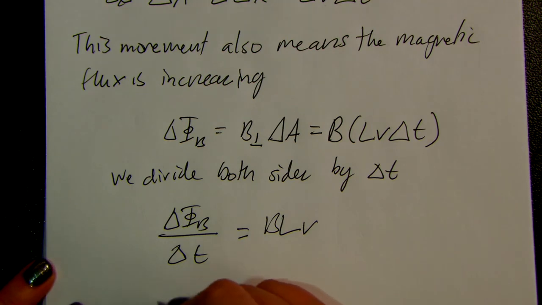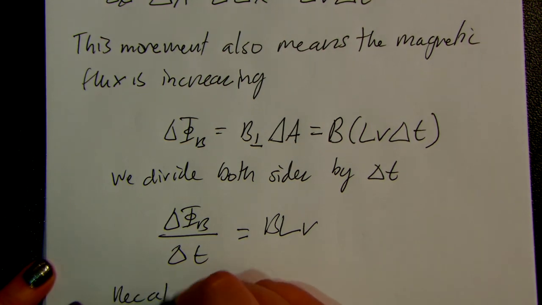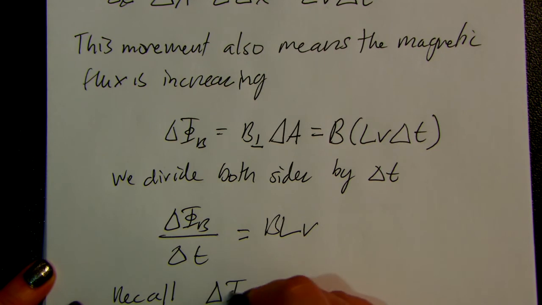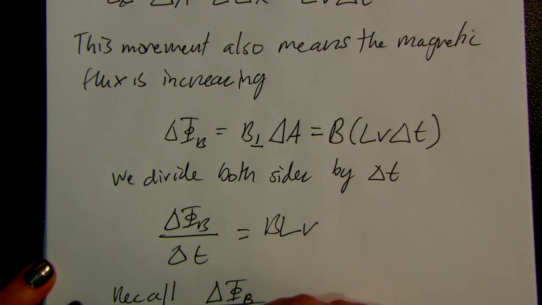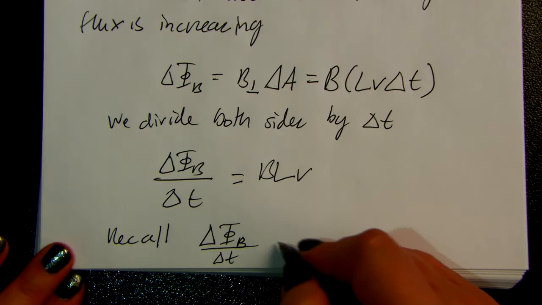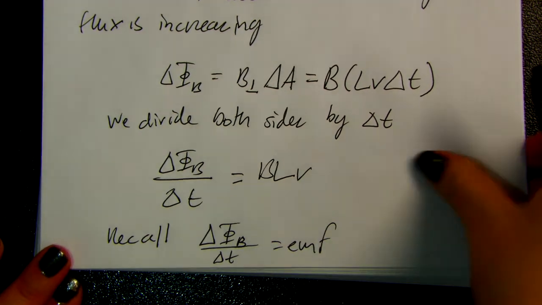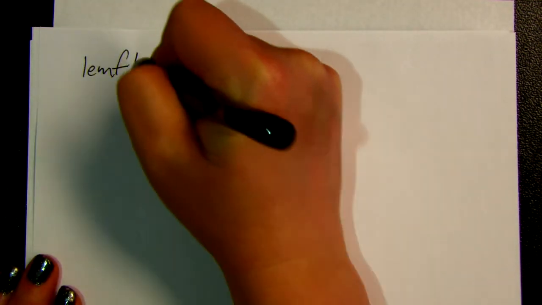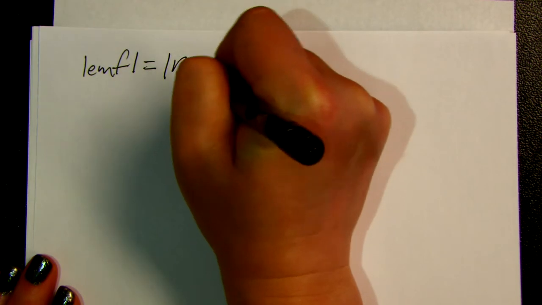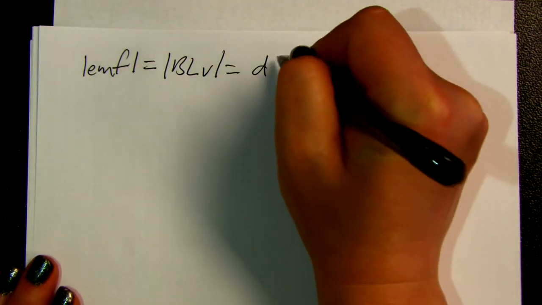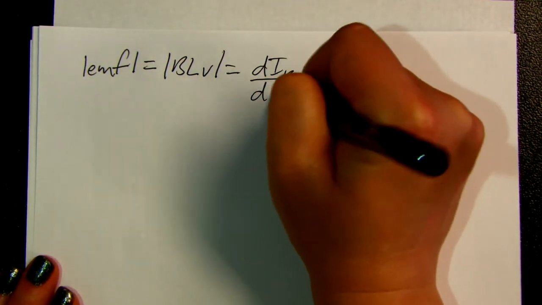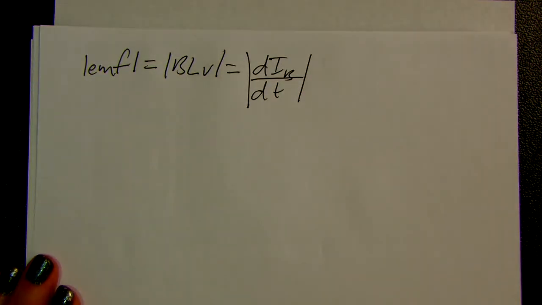And if we recall from earlier in the chapter, the change in magnetic flux with respect to time is equal to EMF. And so all of this goes to say that the magnitude of the EMF is equal to BLV, which is equal to the change in magnetic flux with respect to time.